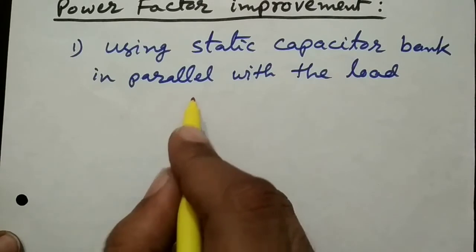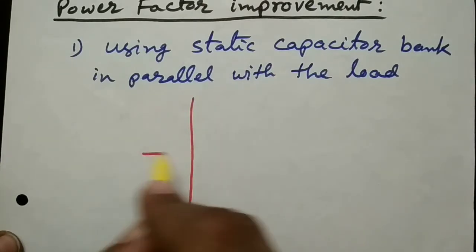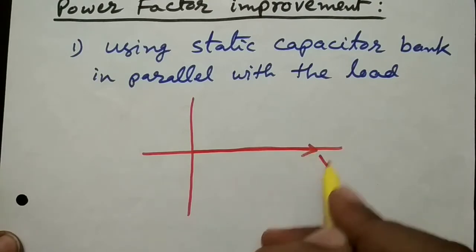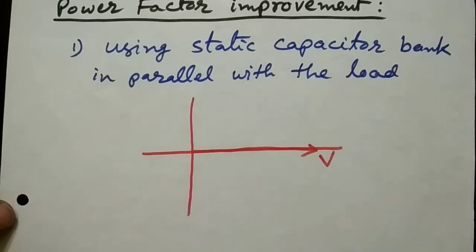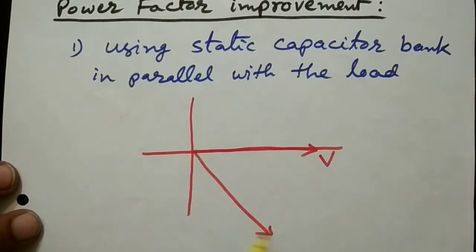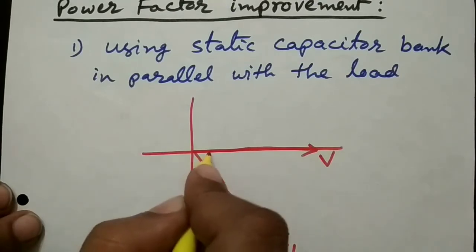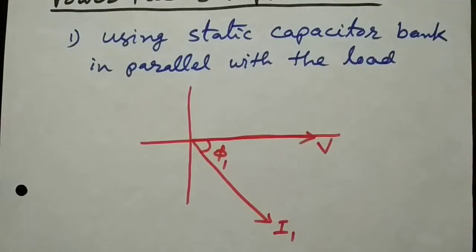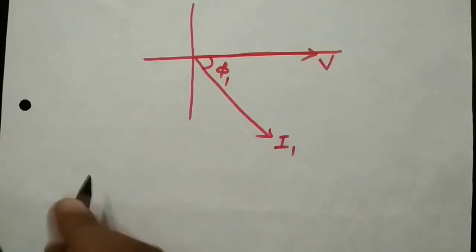We can discuss it by using the phasor diagram. Let's say this is the supply voltage, and the power factor of the load is such that the current in the circuit is I1. It is lagging the supply voltage by an angle of phi. We can draw the circuit here.